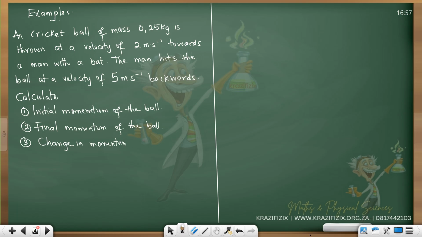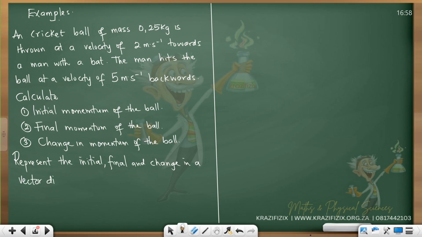Change in momentum of the ball. Then represent the initial, final, and change in a vector diagram. Okay. I'll give you a moment to write. You have 2 minutes to write that. Then we will calculate together.